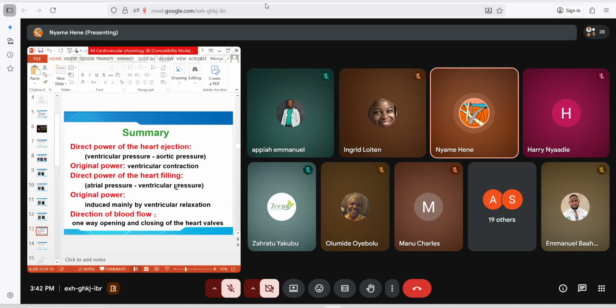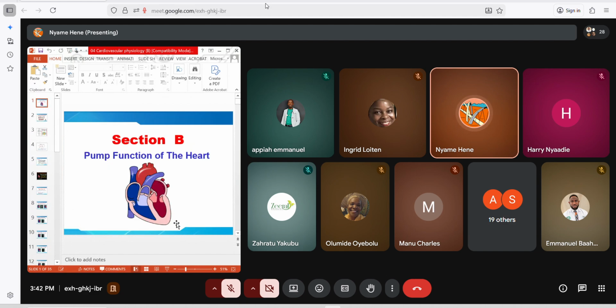But when the heart is contracting, the pressure goes from the ventricles to the atrium. Look at this. During filling, it's from the atria to the ventricle, and when contracting, from the ventricle to the atrium. Do you get that?